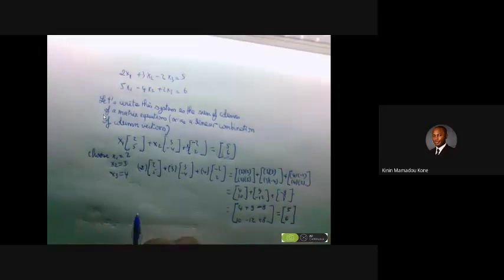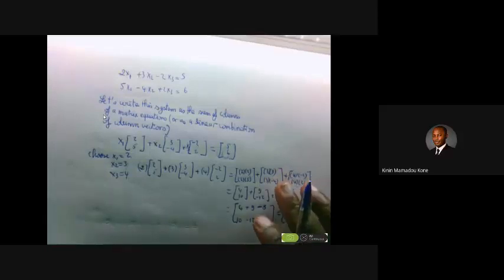Okay, so if we choose 2, 3, and 4 and plug into these combinations of column vectors, we obtain 5 and 6. So we can see clearly that 2, 3, 4 is a solution to the system, because it verifies this equality.